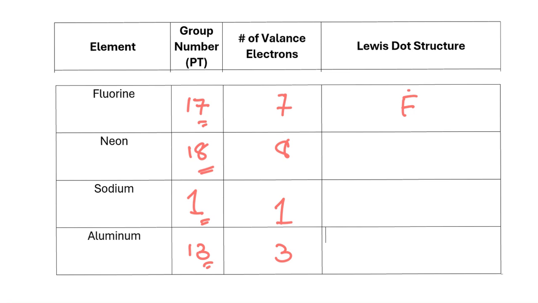Fluorine has 7: 1, 2, 3, 4, 5, 6, 7. Neon is the most stable one as it follows the octet rule by having 8 electrons in its outermost shell. Sodium has 1 electron only, it's the most reactive one. Aluminium has only 3 valence electrons.